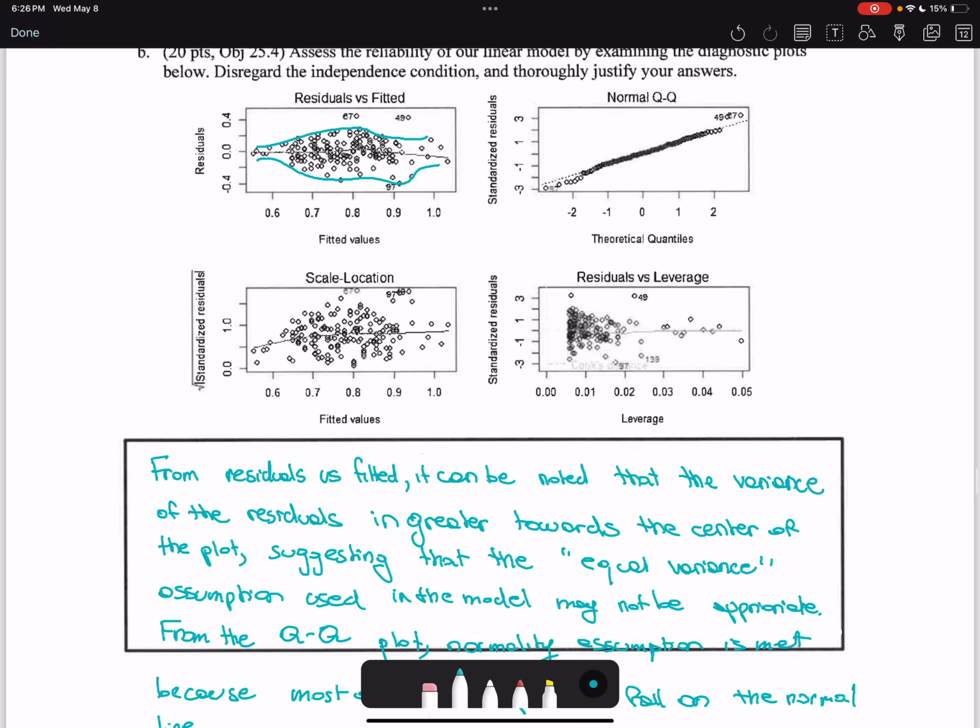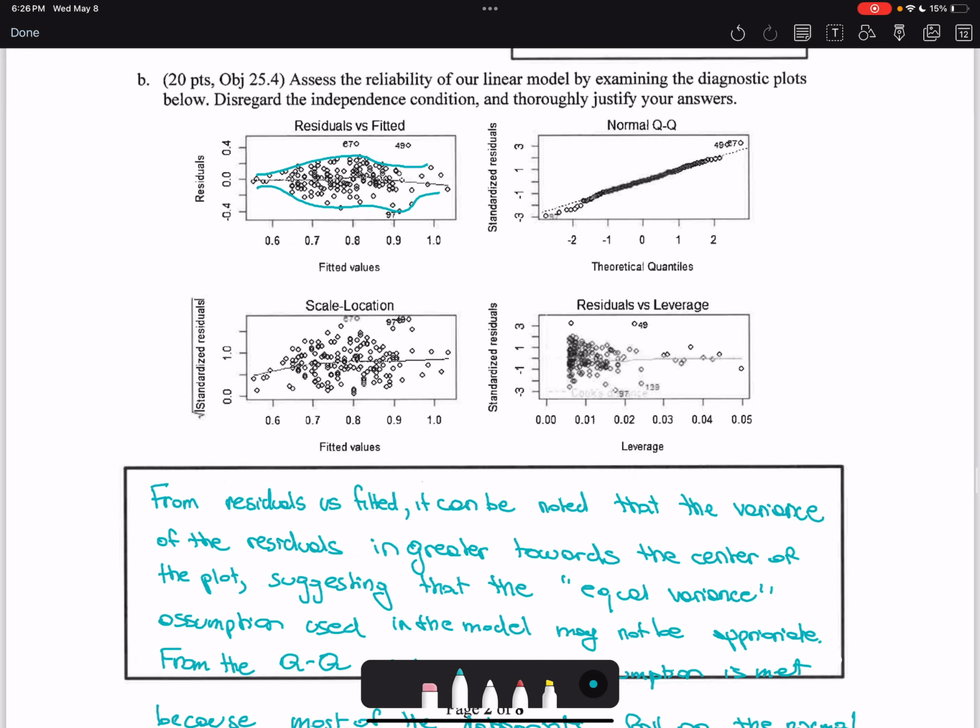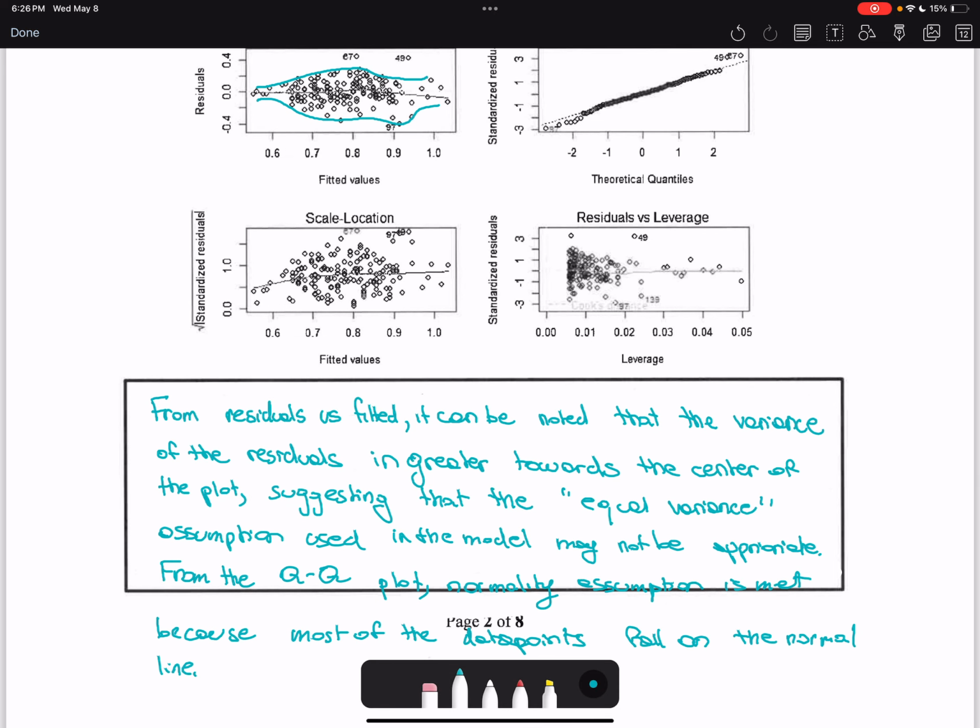the residuals versus leverage. So, well, we have to think about the LINE acronym.